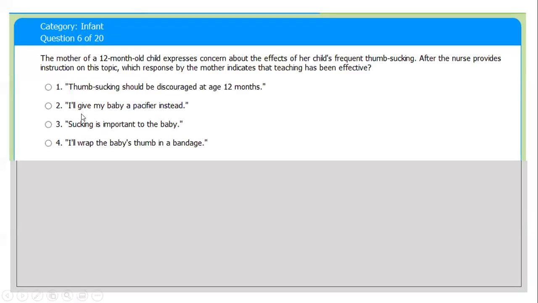Next question. A mother of a 12-month-old child expresses concern about the effect of the child's frequent thumb sucking. After the nurse provides instruction on this topic, which response by the mother indicates that teaching has been effective?